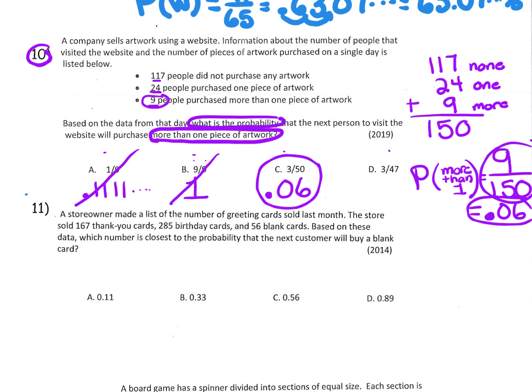Let's read. A store owner made a list of the number of greeting cards sold last month. 167 were thank you cards, 285 were birthday cards, and 56 were blank. Based on this data, which is the closest probability that the next customer will buy a blank card?